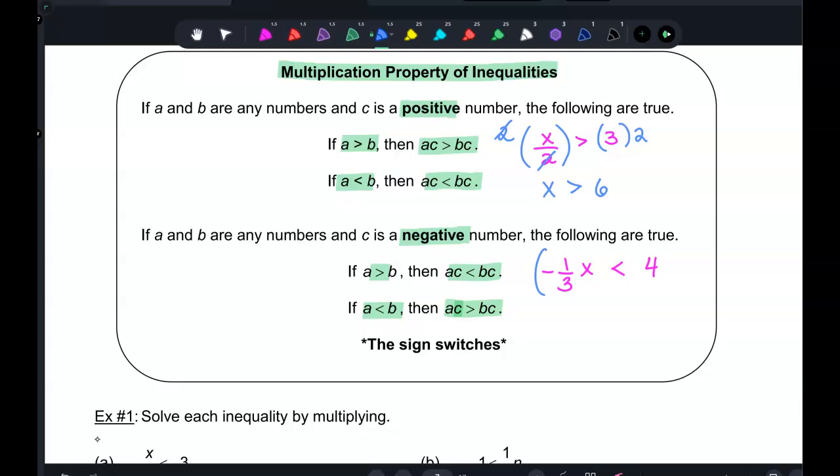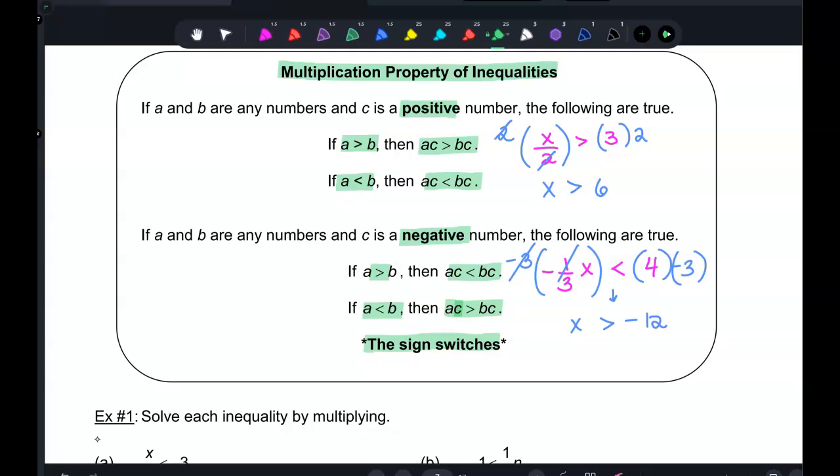Times negative 3. When we multiply by a negative, the 3 times negative 3 and 1/3 will cancel. We'll bring the x down, but this less than sign switches to a greater than, and this will be a negative 12. So whenever we multiply by a negative, the sign switches.